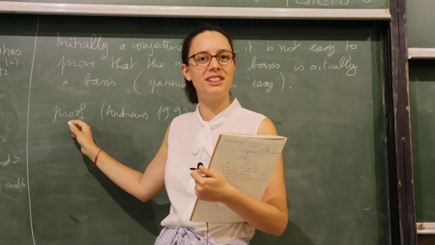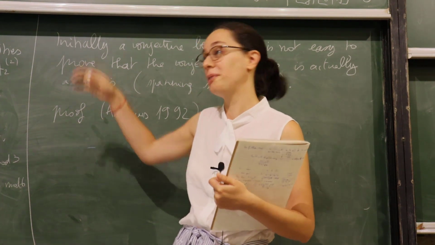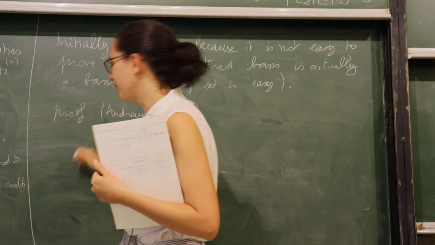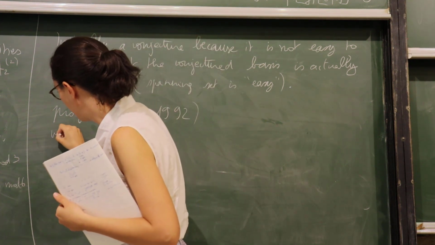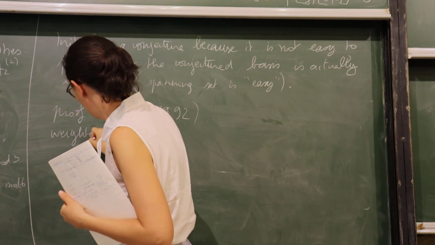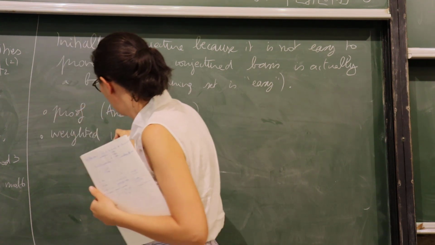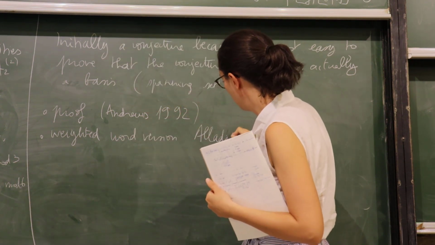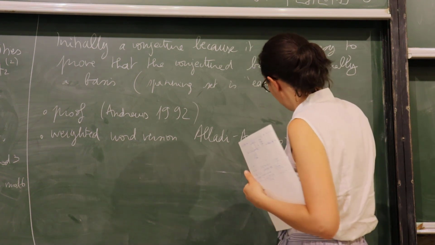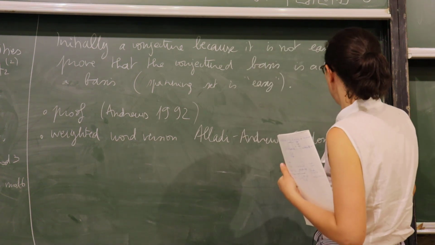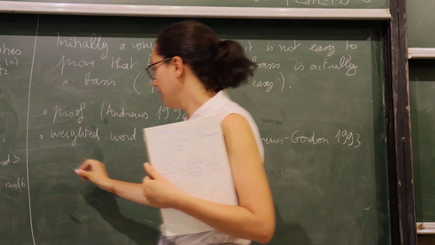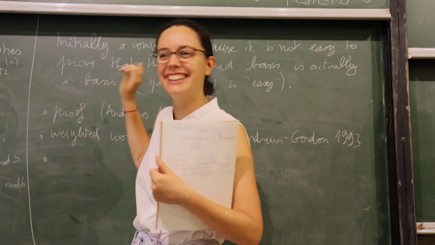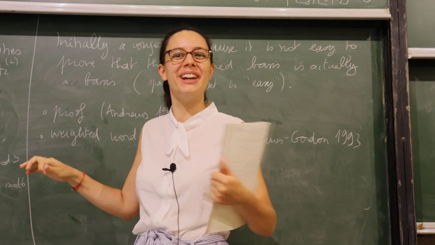Then there was a weighted word version of Andrews again, but this time with Aladi and Gordon, because as we saw yesterday, they were the inventors of that method. So weighted word version: Aladi, Andrews, and Gordon in 1993, I think. But in 1994, Caparelli came back, and he actually gave also a purely algebraic proof of his conjecture.